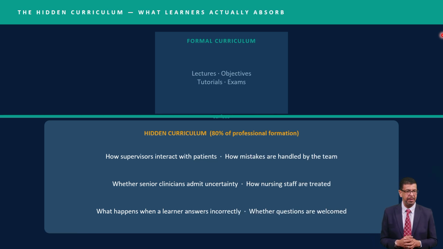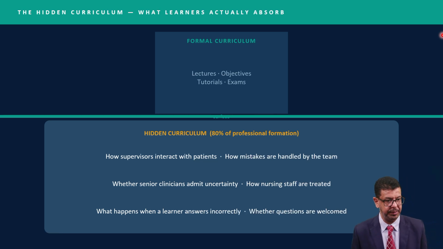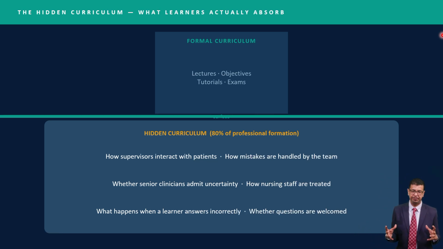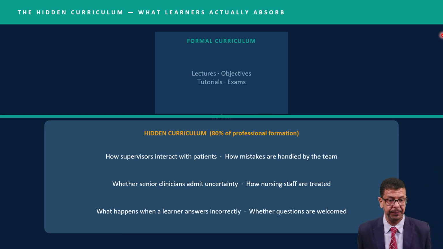This is very important. How the other staff is treated within your team, the nurse, the supporting staff, and other important parts of the team. This is very important because one of the problems of clinical teaching and clinical service delivery is teamwork and communication, and this will contribute negatively to patient safety.